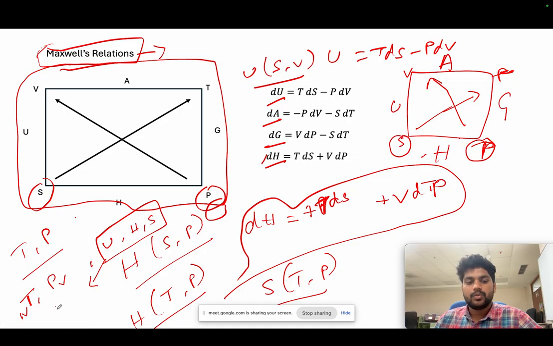But we know that u is a function of s comma v, and h is a function of s comma p, while I have done the experiment on T comma p. So now, it's better to explain on the new slide. One second.